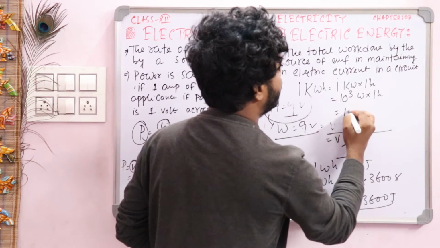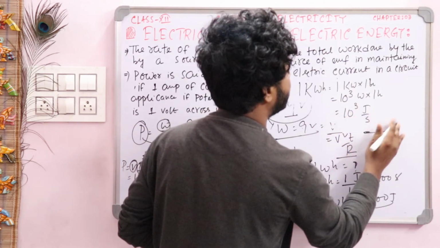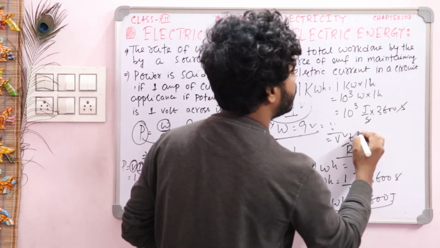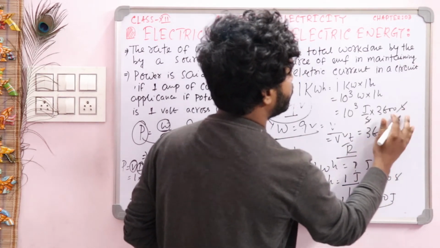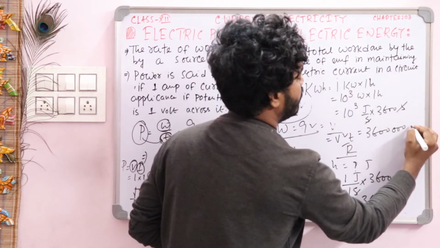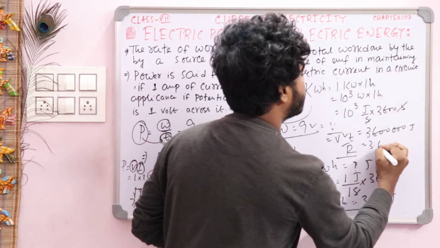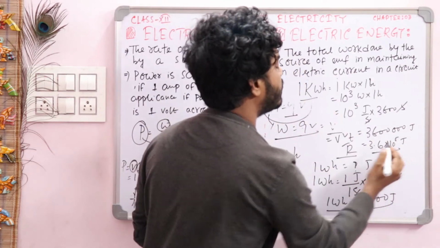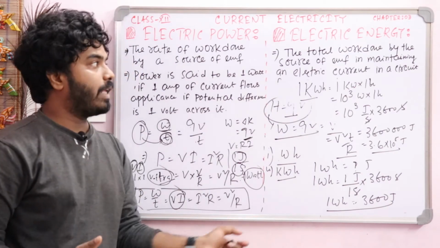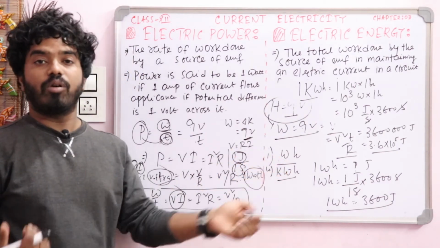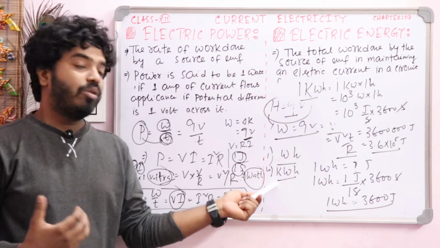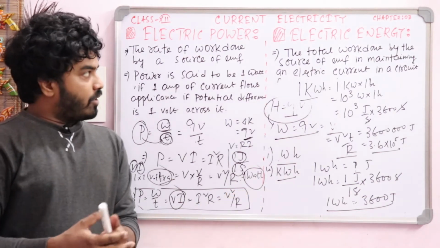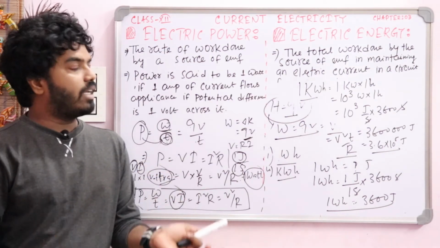Now 10 to the power 3 watt means joule per second, and 1 hour is 3600 seconds. Seconds cancel out, so this becomes 3600 with 000 at the joule, that is 3.6 into 10 to the power 5 joule. So 1 kilowatt hour is equal to 3.6 into 10 to the power 5 joule. This is the unit used for commercial purposes. With the help of this unit we can pay our electric bill. So this is all about electric power and electrical energy.